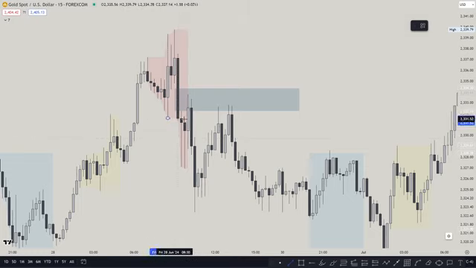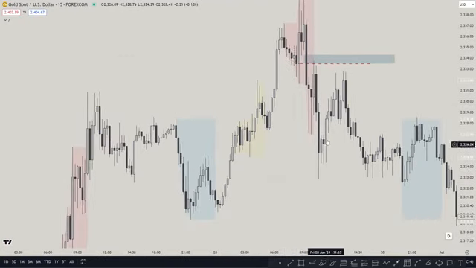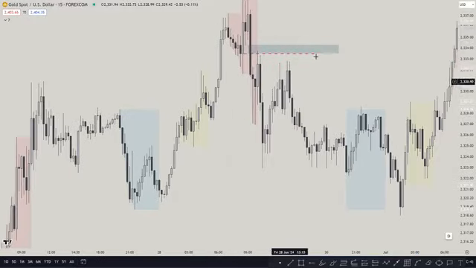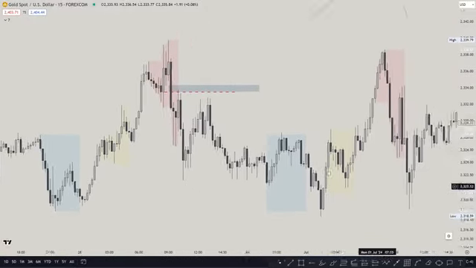Now we have this low, but this is out of the overlapping. We have this body of the low, right? And that's how we get a very refined balanced price range where you can get sniper entries. Again, you see here, very nicely done. This is a delayed and not clean balanced price range.